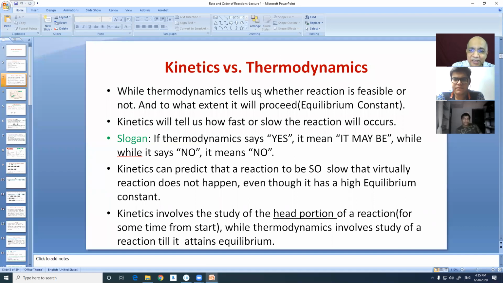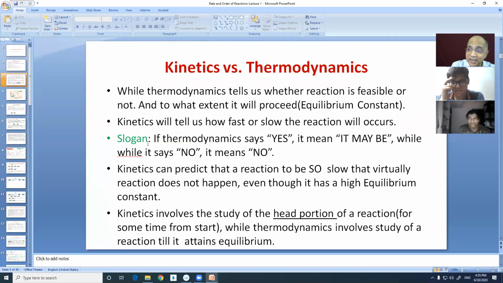Thermodynamics tells us whether a reaction is feasible or not, and to what extent it will proceed, whether 100%, nearly 100%, 99.9999%, 1%, or 50%, that means it will give you the equilibrium constant, Kc or Kp. It will not tell anything about the rate, how fast or how slow it reacts. Kinetics, in turn, will tell us how fast or how slow the reaction will occur.